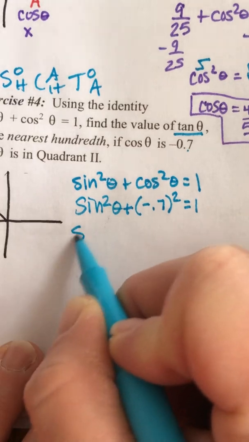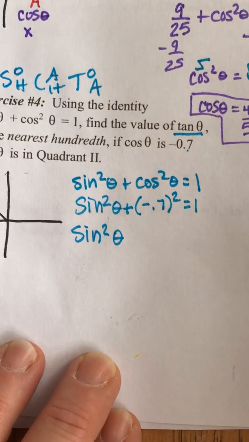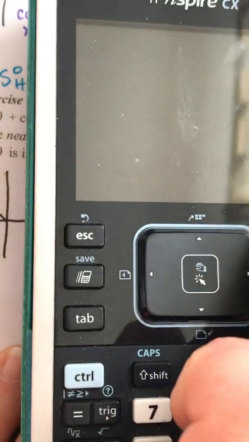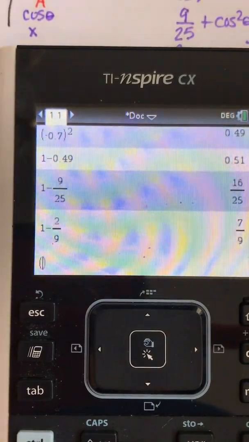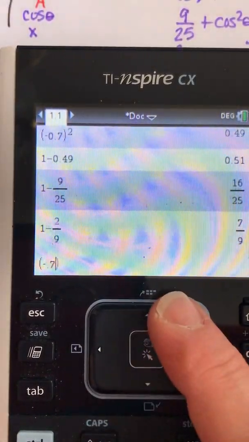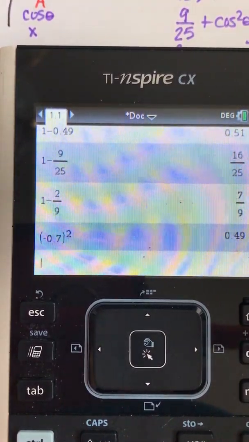Sine squared is what we're solving for, so that stays the same. Negative 0.7 squared: this is where you want to be careful with your parentheses on your calculator. So I'm going to use parentheses, negative 0.7, close the parentheses, and square, enter. 0.49.